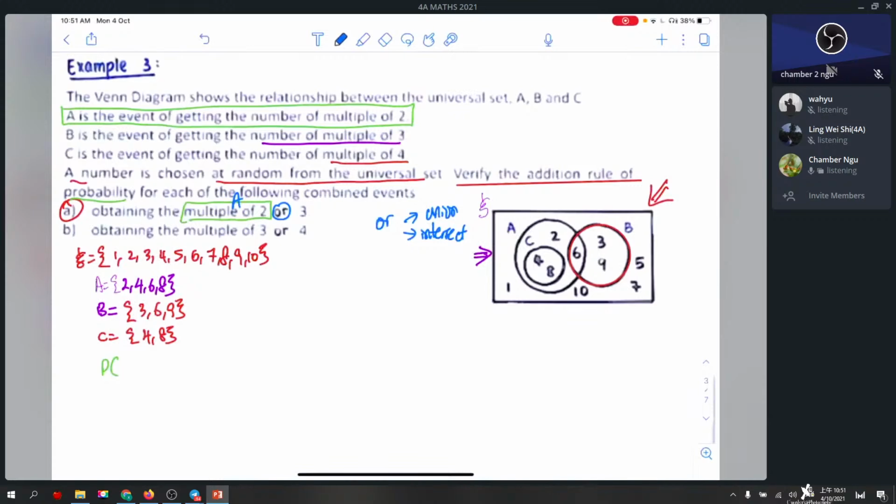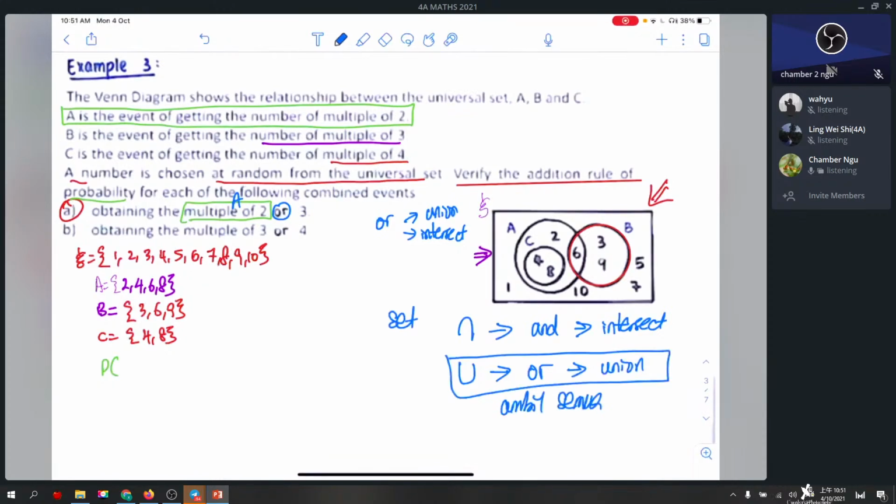Aduhai. Now set. If this one is N, is intersect. Kalau U is O, that means union. Kalau U, ambil semua. Take everything.